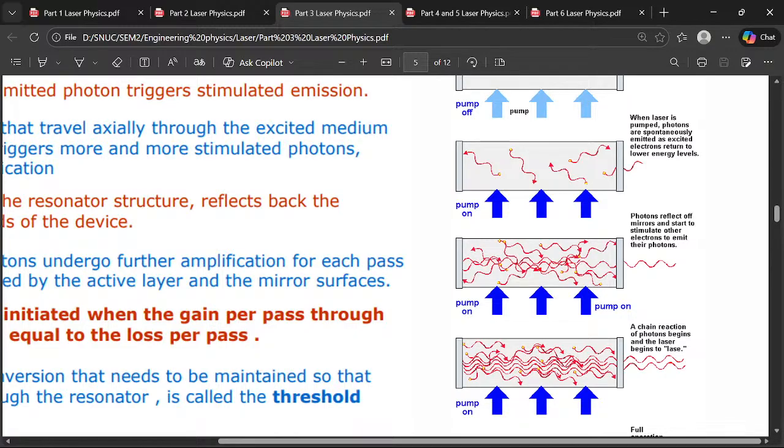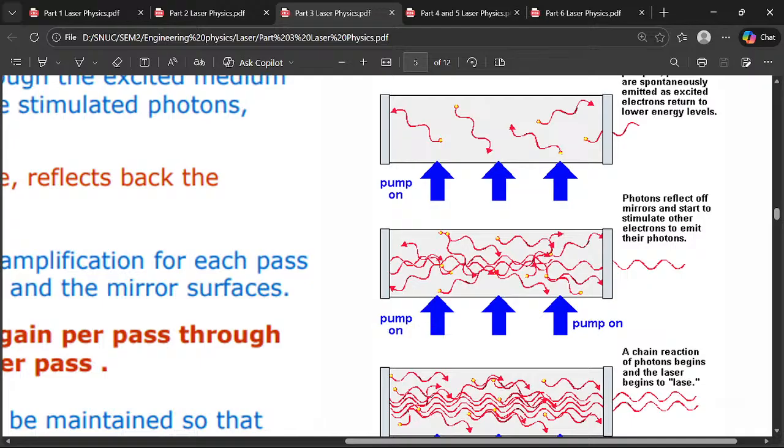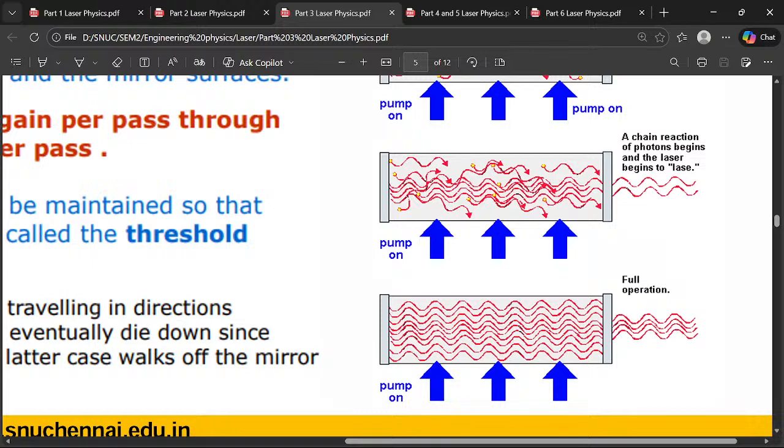As you can see at this second end, a photon gets out, right? That is when it is perpendicular to the mirror, that's when it can escape. As the pump is on, the chain reaction begins, and the photons inside the cavity become exponentially larger in number.